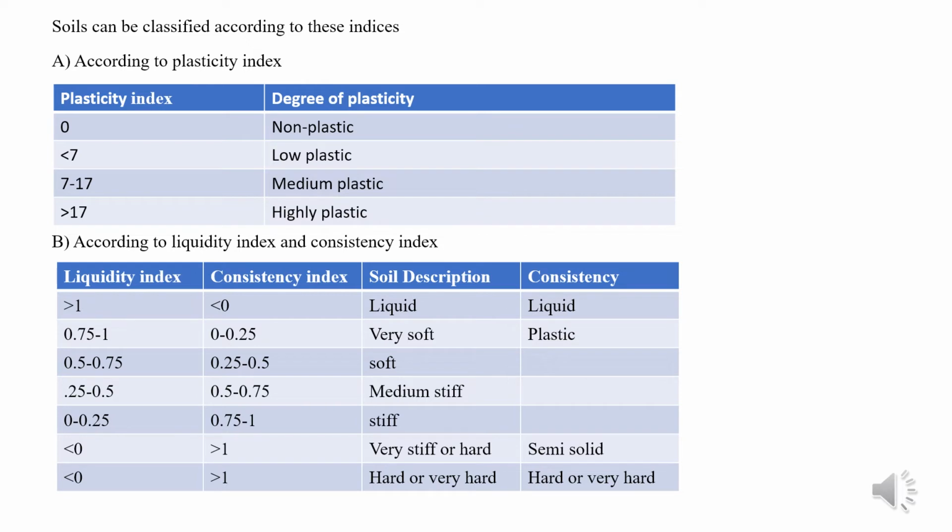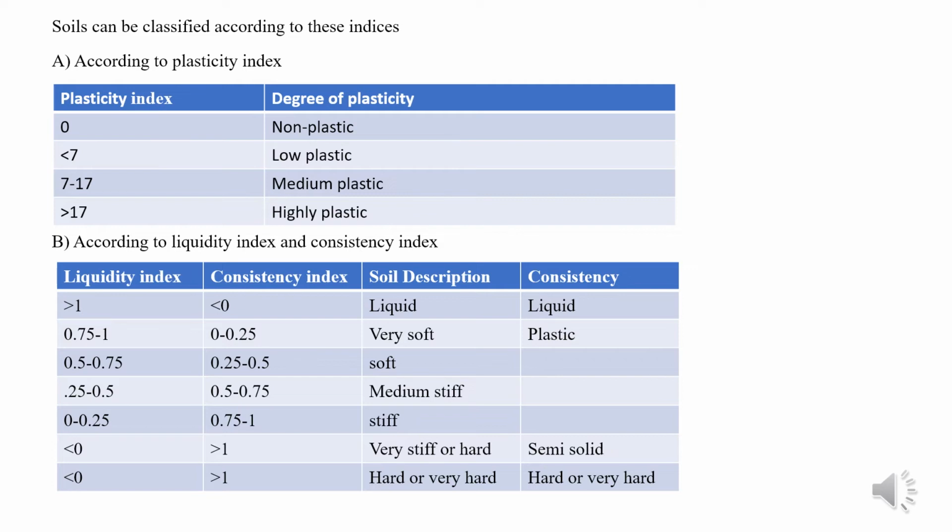We have already talked about the different indices, and we will see how these indices help us classify our soils. Based on the plasticity index, the soils are classified as given in the following table. We can see the plasticity index and the degree of plasticity in the left and right hand columns.